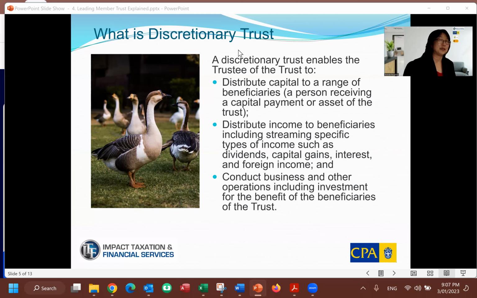They're all typical businesses. And then you can also use a family trust to invest in the property market, the share market, cryptocurrency, for example. And for all the profit you can generate from the investment or the business, you can distribute to the beneficiaries to average out the tax.